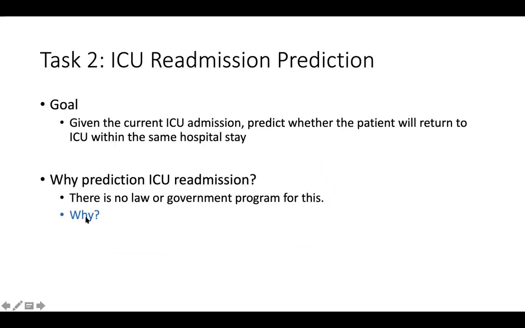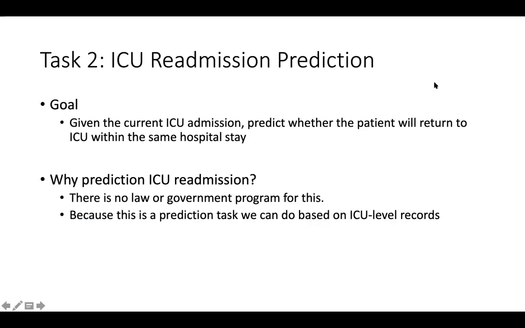So why do this, if there's no law against it or financial motivation for it? The answer actually has nothing to do with healthcare. Well, not nothing, but it's mostly for our sake. The reason is that this is a prediction task we can do based on ICU level records, and that's it.